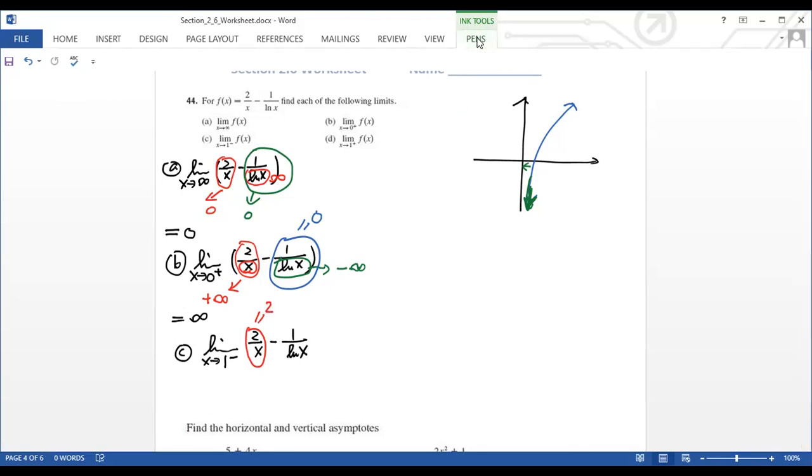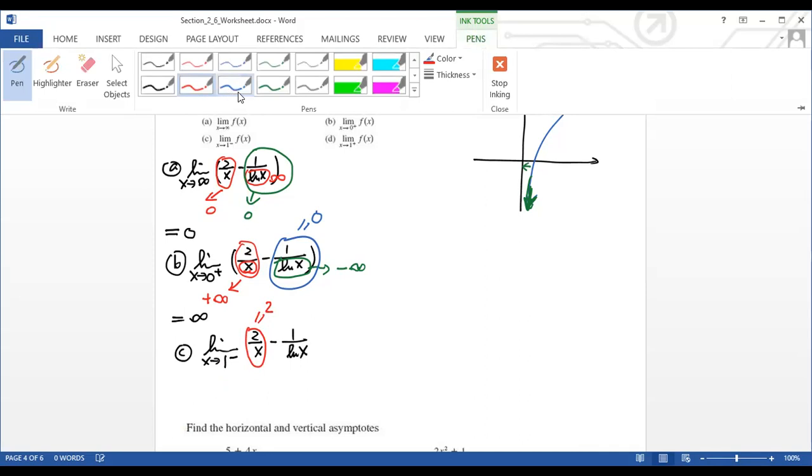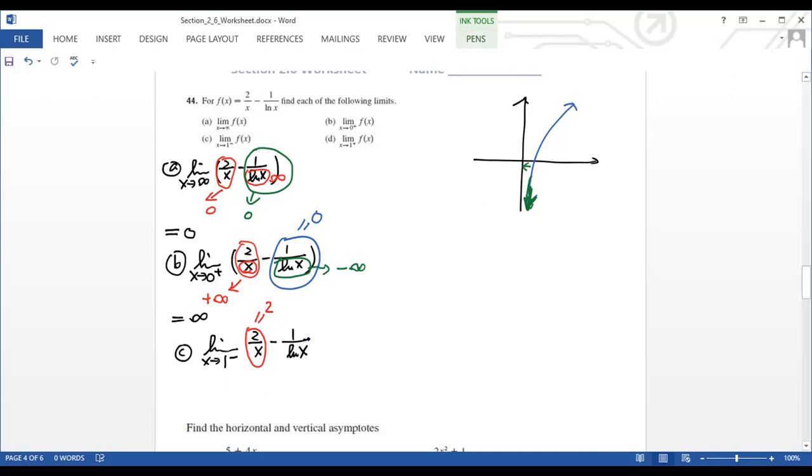Okay, so now let's take a look here. The natural log of 1 from the left-hand side. That means you approach 1 this way, right? We did that in the previous ones. So you approach from the left-hand side, it's going to approach 0, but what type of 0?